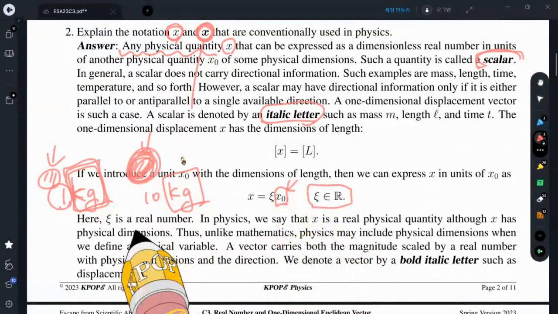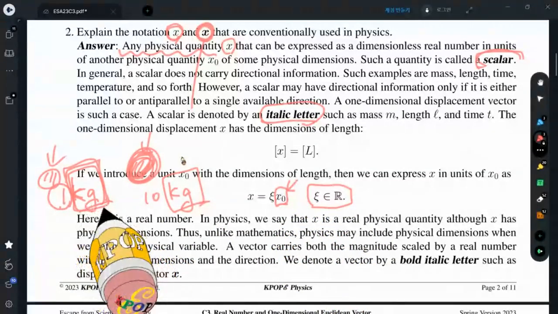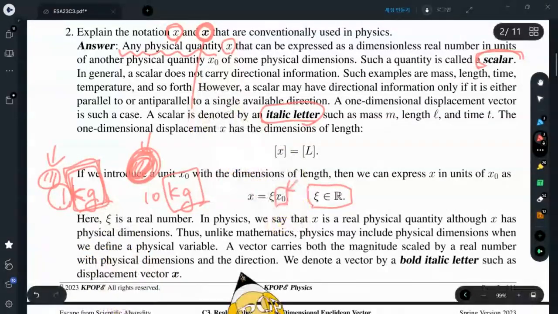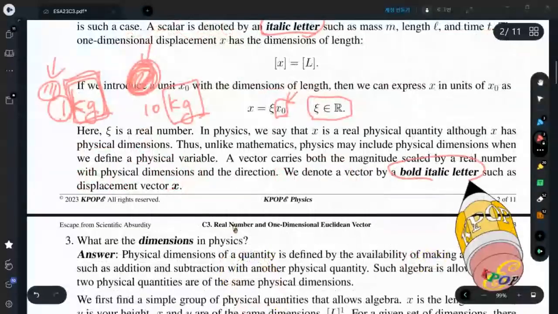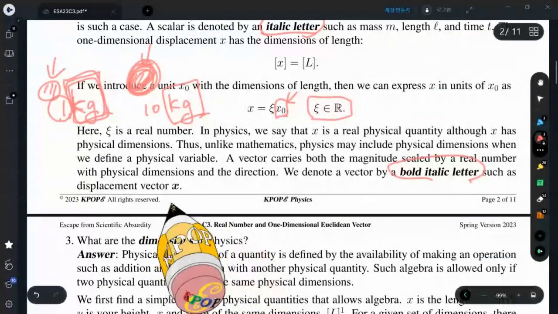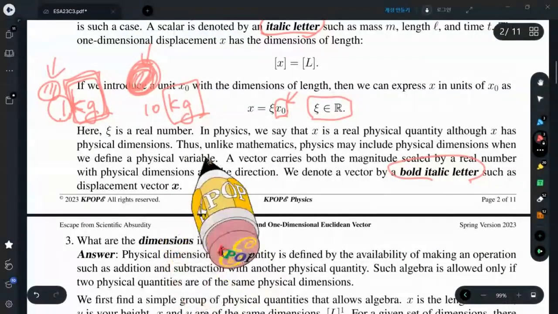It can be kilogram or gram or ton or pound. A bold italic letter represents a vector, and a vector has magnitude and simultaneously its own direction.